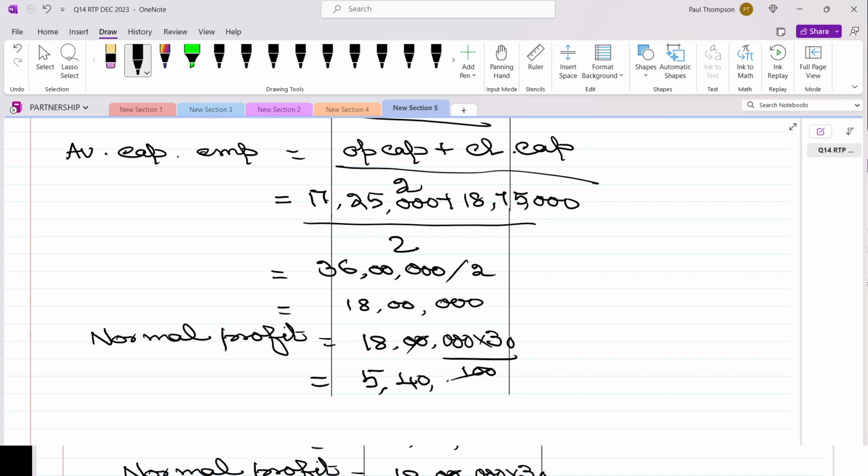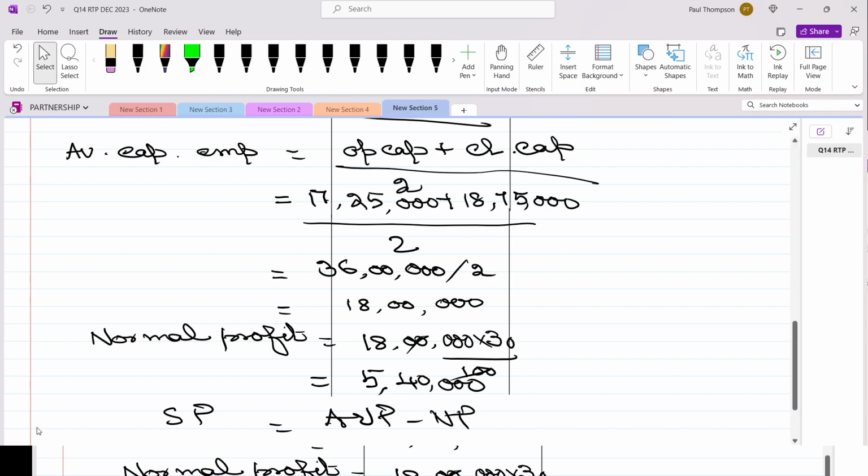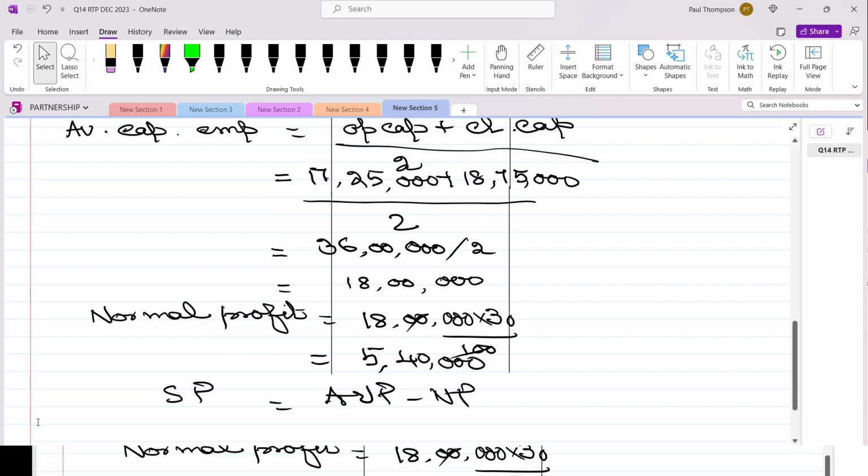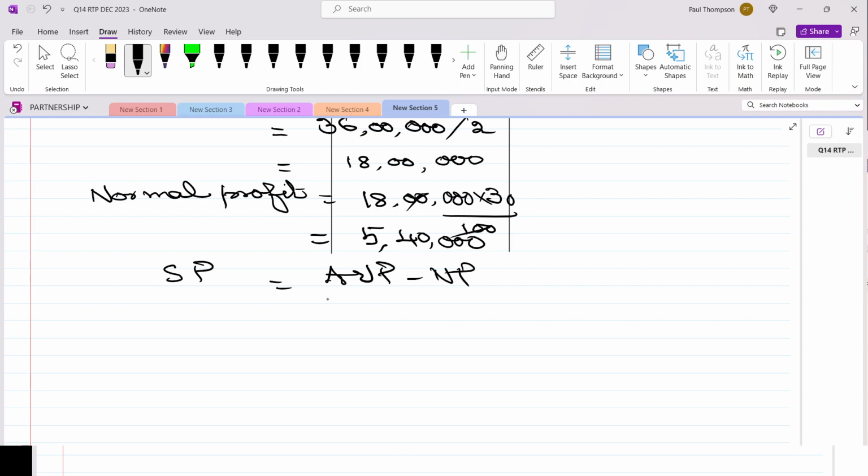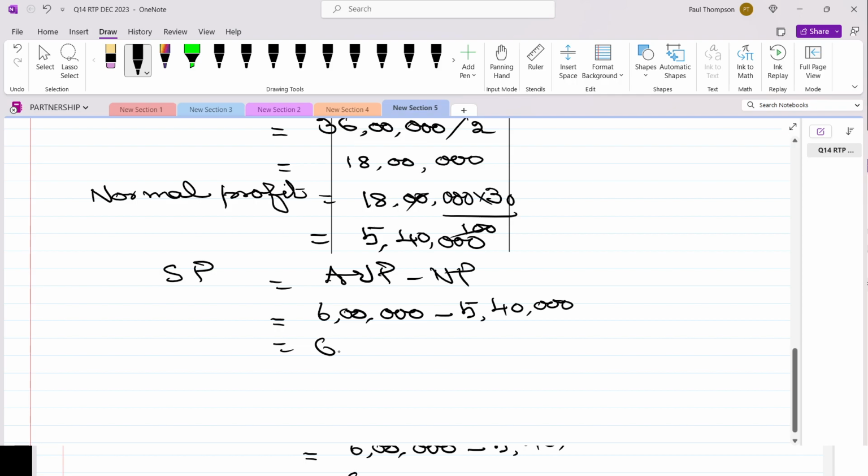This is my normal profit. Now the super profit is equal to average profit minus normal profit. They didn't give profits for so many years, so I'll take the profit of the current year itself as average profit, 6 lakh, and normal profit is 5 lakh 40,000. So now the super profit is equal to 60,000.